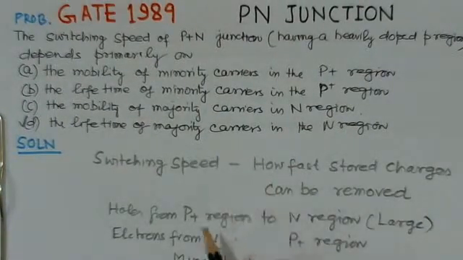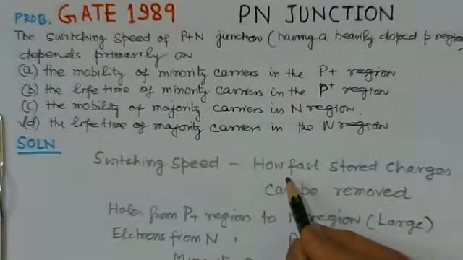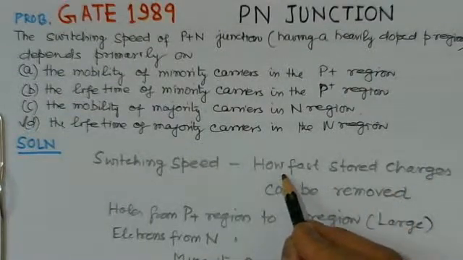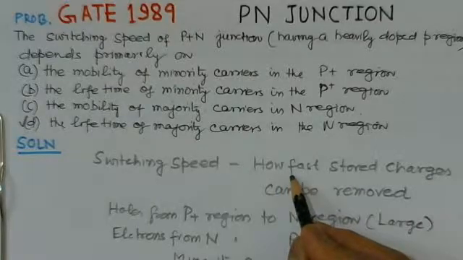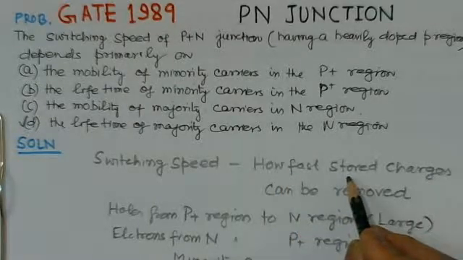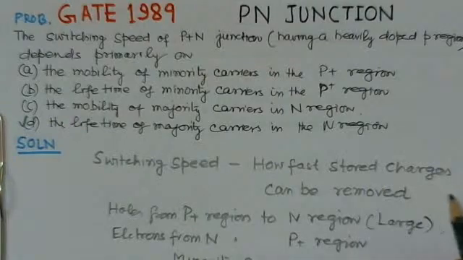Now, for switching speed, the most important point is that if the stored charge can be removed as fast as possible, you can have a fast switching. So how fast can the stored charges be removed?